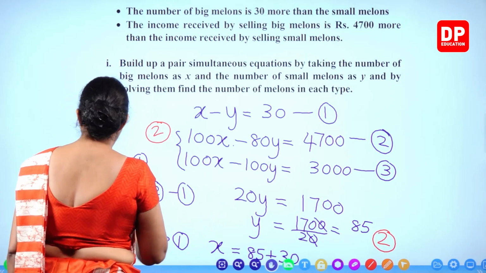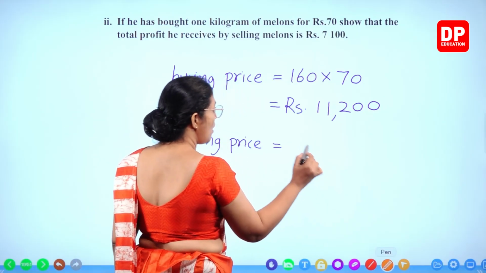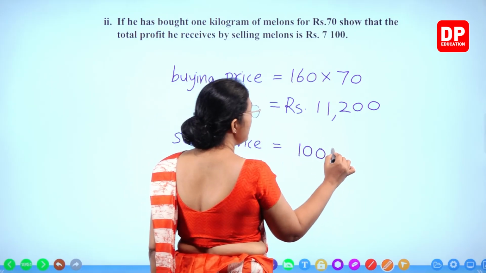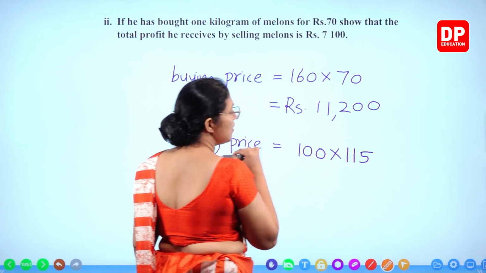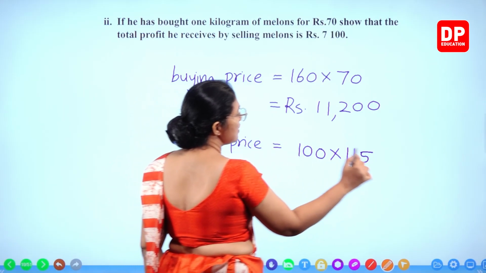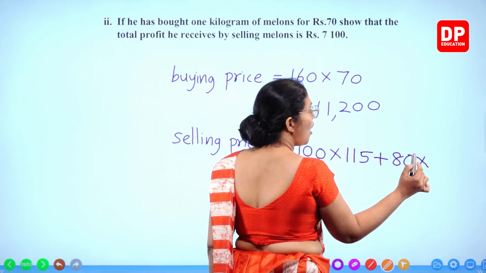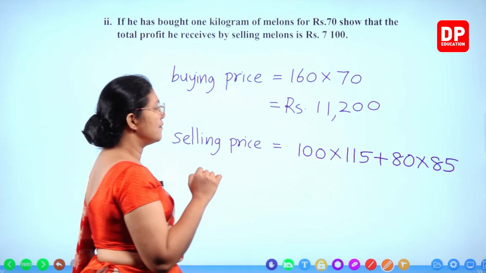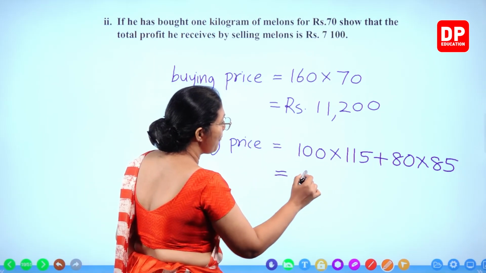So the selling price is, you can write down, 100 for each big one, and there are 115 big melons, and 80 rupees for one small melon, and there are 85 small ones. So that's the total selling price.